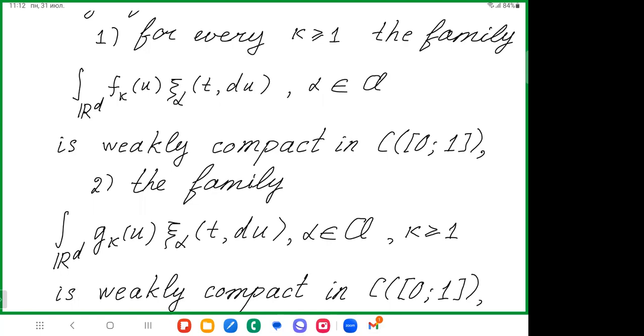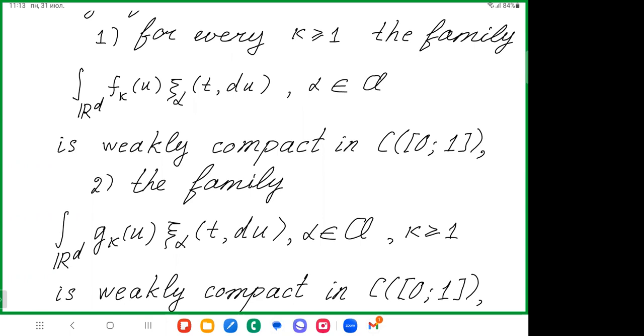We can consider the equicontinuity of these processes, and for example fix the values at the point 0, because we are working in R in C[0,1].